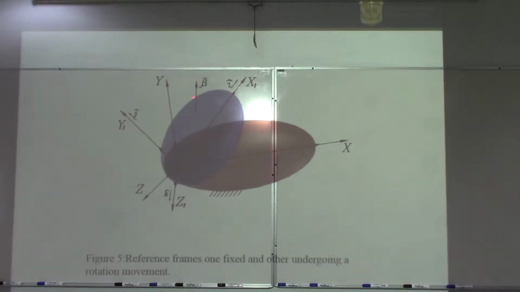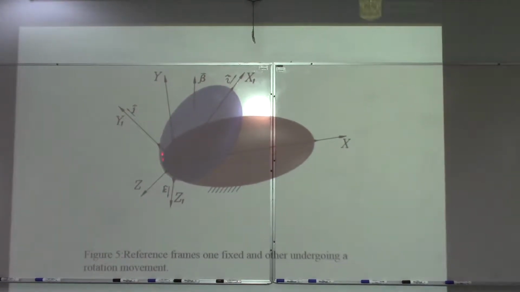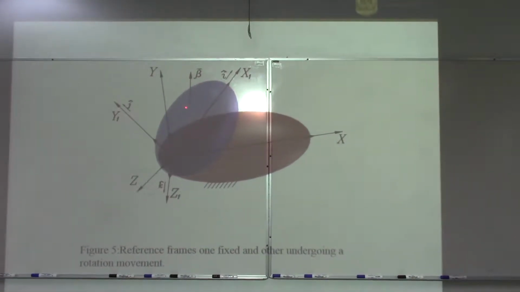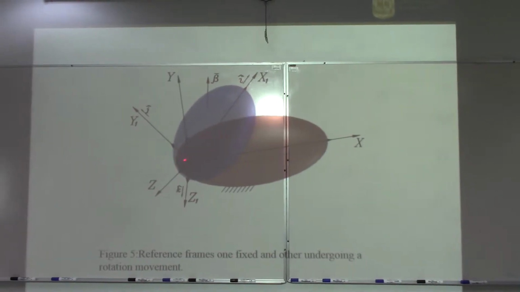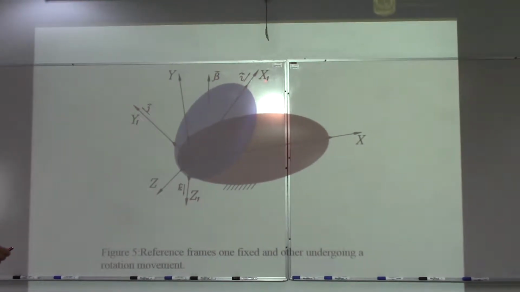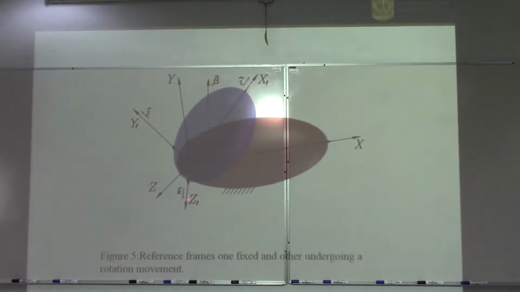The rotating reference frame is represented by this ellipsoid in blue. Its origin is again the same origin, point O, and its axes are given by x1, y1, and z1.